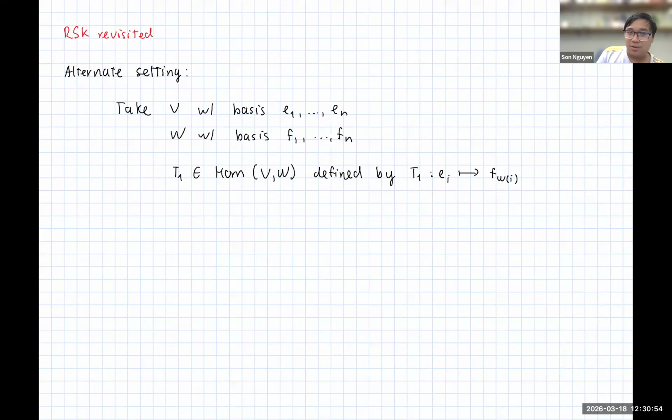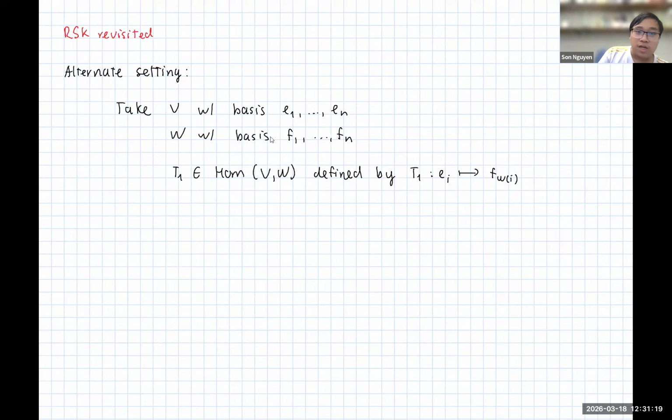And to talk about the second case, I would need to change how I think about the normal RSK. So remember, in normal RSK, I have two flags and I have some operator that is nilpotent on both flags. Then I take the Jordan type of some restriction and I get my P and Q and everything in the growth diagram.